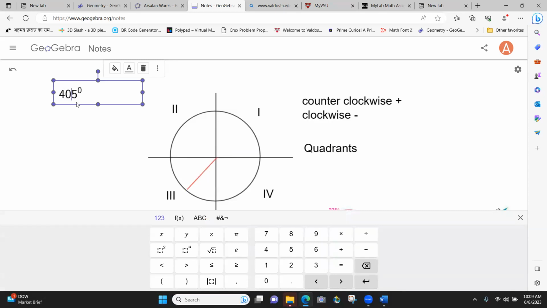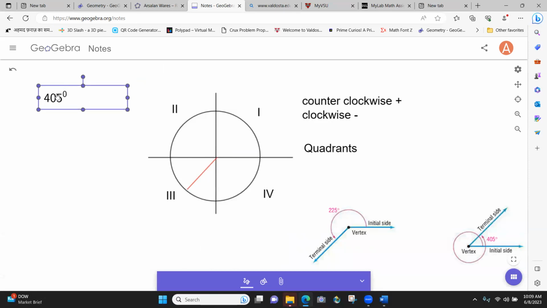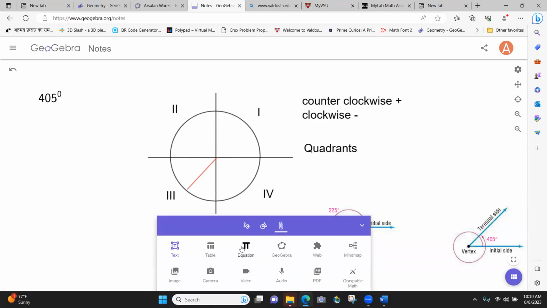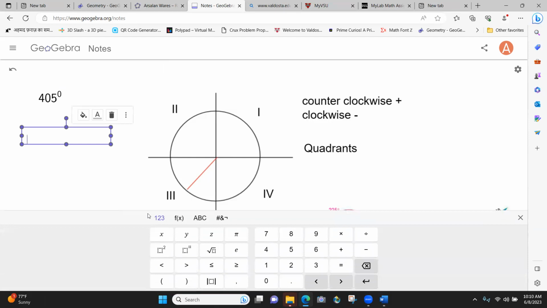In which quadrant would this line be if the angle is 405? Remember, guys, we said we count by 90. So 405 is more than 360: 360 degrees plus 45 degrees.